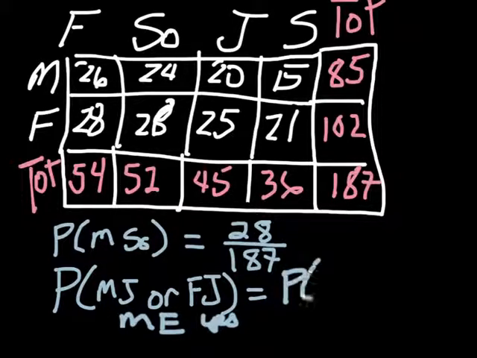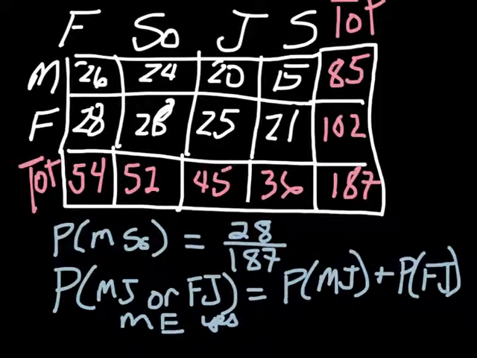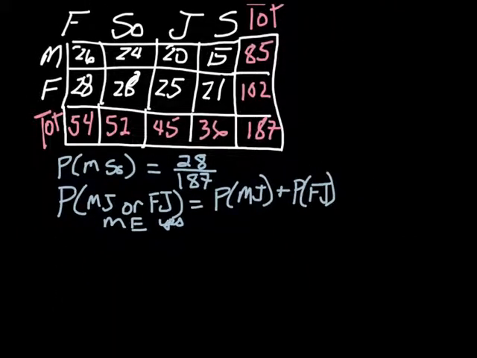Therefore, it's the probability of male juniors plus the probability of female juniors. And what are those numbers? Well, those numbers are just what you would expect them to be. The male juniors are this category.